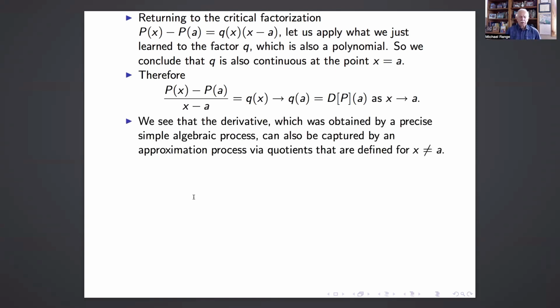We see that the derivative, which was obtained by a precise, simple algebraic process, can also be captured by an approximation process via quotients that are defined for x different from a.